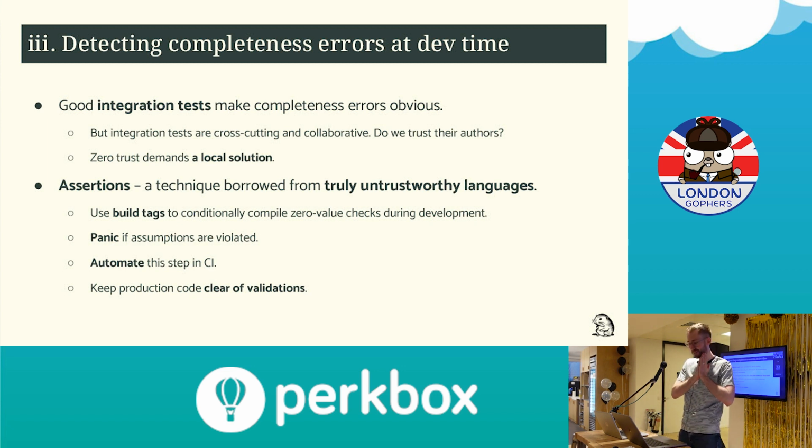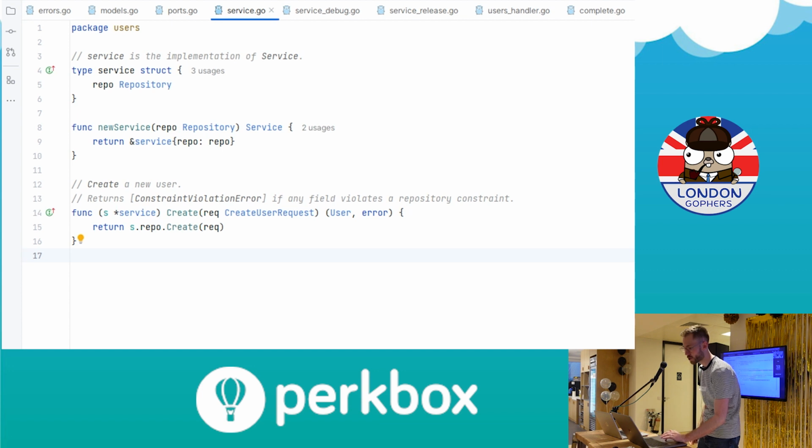These guys have figured out how to protect themselves from some of this form of mischief, and that is the idea of using build tags to conditionally compile our non-zero assertions, because we know that these assertions can only happen at dev time, which means we can choose exactly when we're going to do this kind of validation. So now our service, you'll see this is an unexported constructor, but it's building our service in just the same way as it was before.